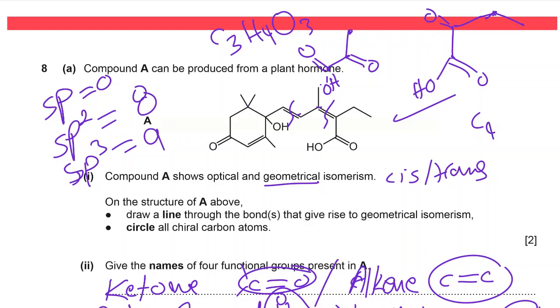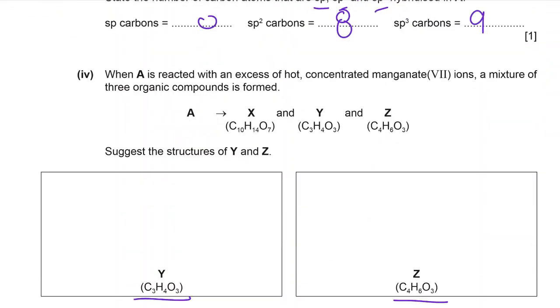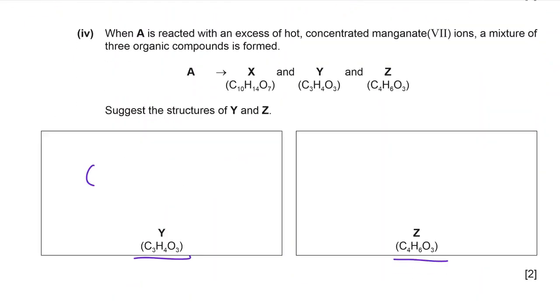C4, with 6 hydrogens, H6 and O3 again. So the first one is C3H4O3, it's already drawn above, and C4H6O3 we have also drawn.